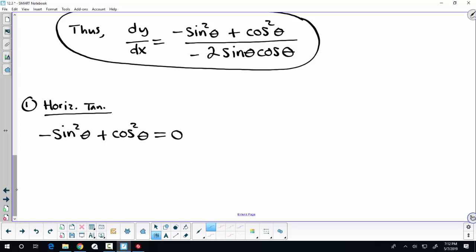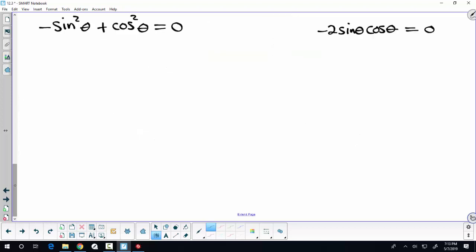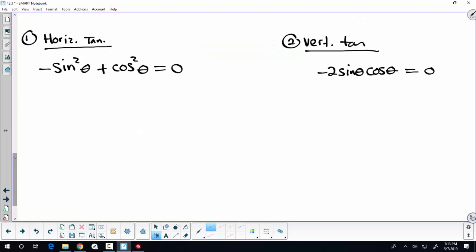And honestly, we could probably look at these simultaneously, just to make sure the zeros we get for this equation aren't the zeros we get for the denominator. So we can kind of compare them.